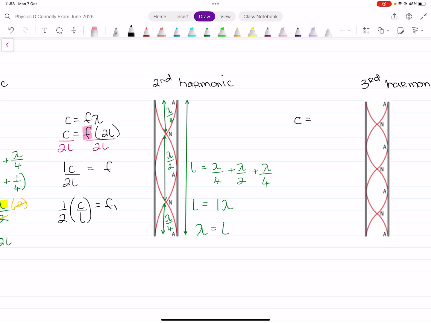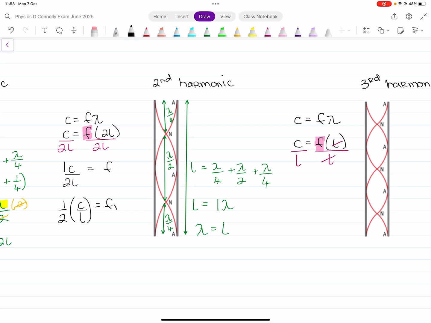So C equals F lambda, C equals F, and we put the L in here. Again, we want to isolate our F, so we divide by L to cancel and divide by L to balance.